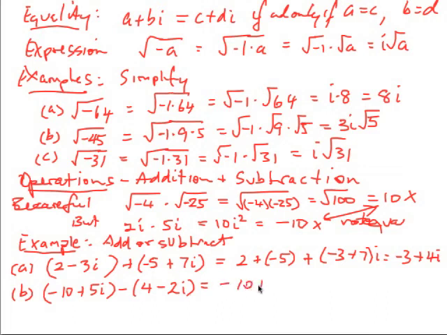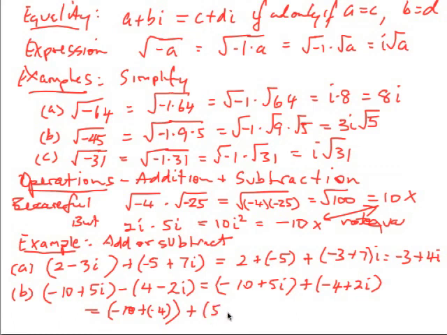So I'd have negative 10 plus 5i, and plus, we're going to have negative 4 plus 2i. So this now becomes negative 10 plus negative 4, so negative 14, and then we have plus 5 plus 2i. So we end up with negative 14 plus 7i as being my result.